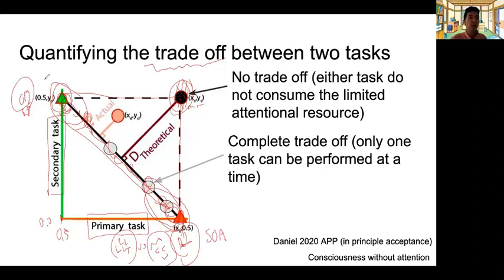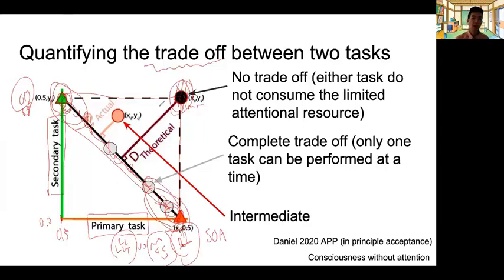Okay. And then finally, there is also a possible situation where the two tasks draw on attention partially, and that corresponds to anywhere in between the top right and the diagonal. That's an intermediate situation.